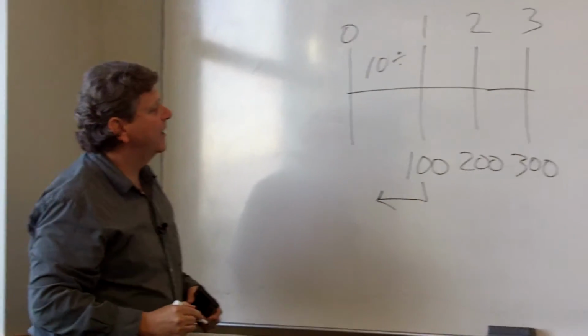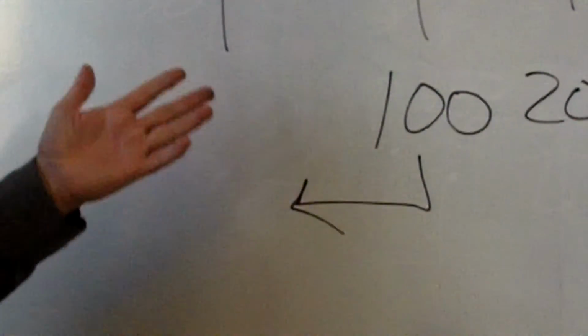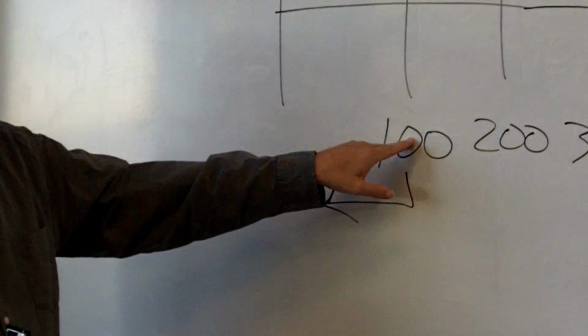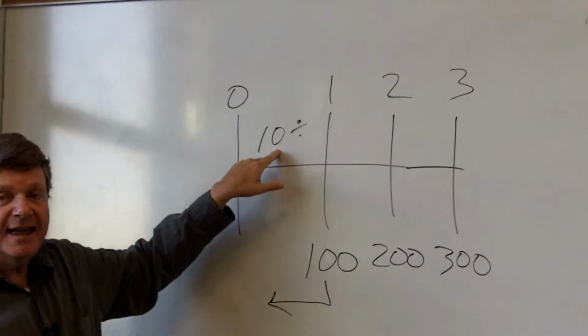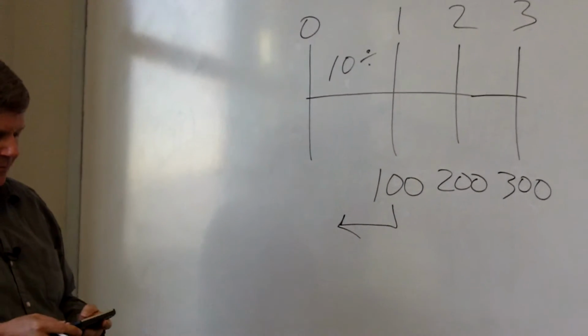Okay, so the present value of $100 in one period, well, we just pop them in our calculator. The $100 is the future value. 1 is n, takes place one period from now. I is 10. Then we just solve for present value.